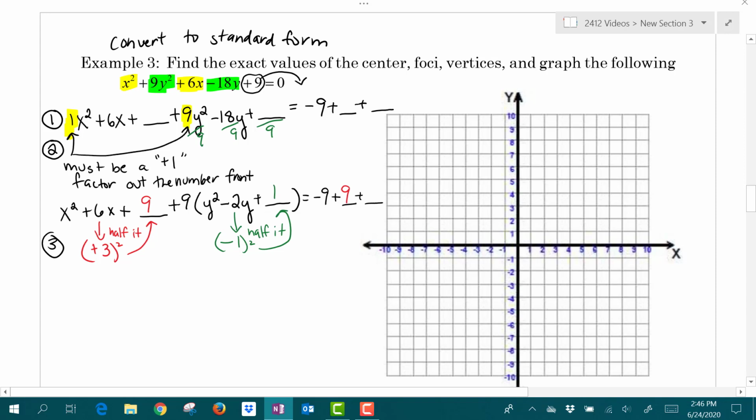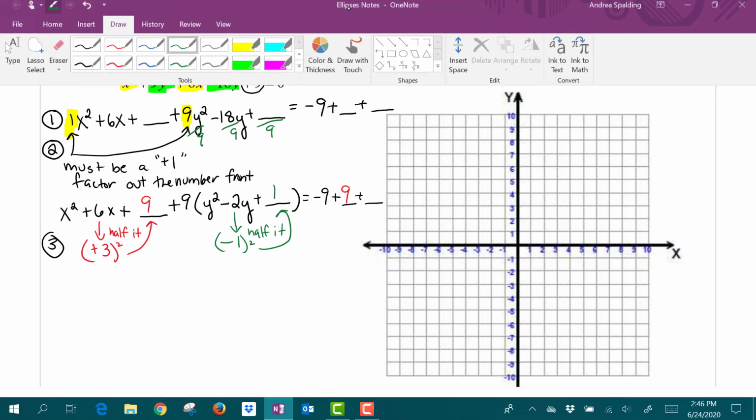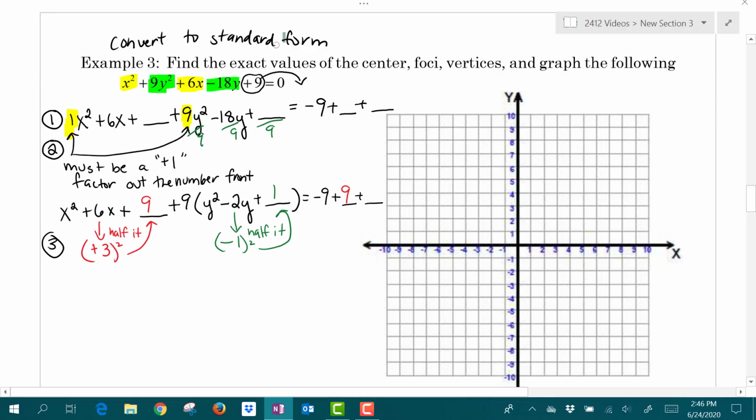Now here's where we have to be careful. We're not just going to put a plus 1 over here on the right hand side. Here's why. If you were to take this positive 9 that we factored out and multiply it back in, you would get back up to where we started.